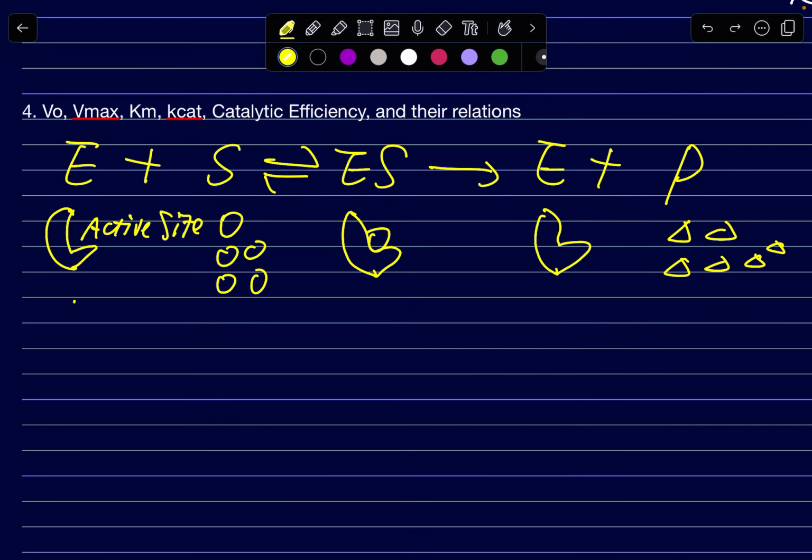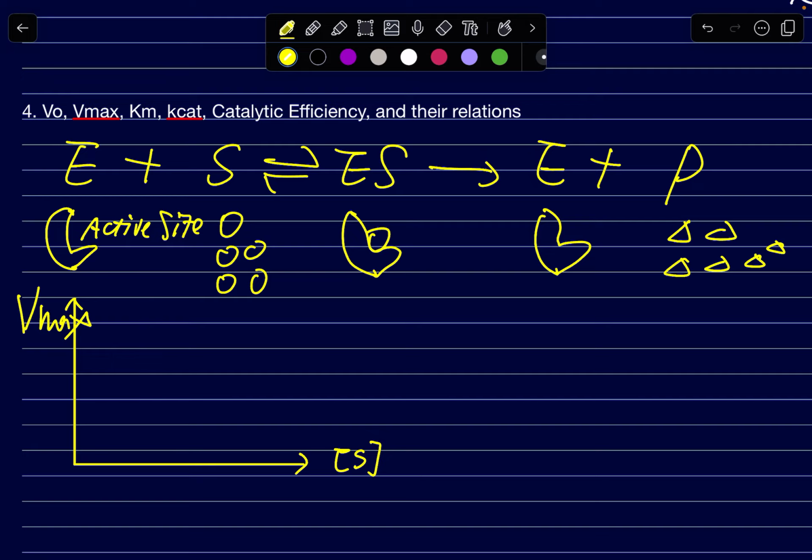Okay, perfect. So now let's talk about Vmax. This is the graph that you have seen so many times. The x-axis is the substrate concentration, and this is my Vmax. Vmax and initial velocity, V0, can be intuitively understood. Vmax is when the work of the enzyme reaches the maximum velocity.